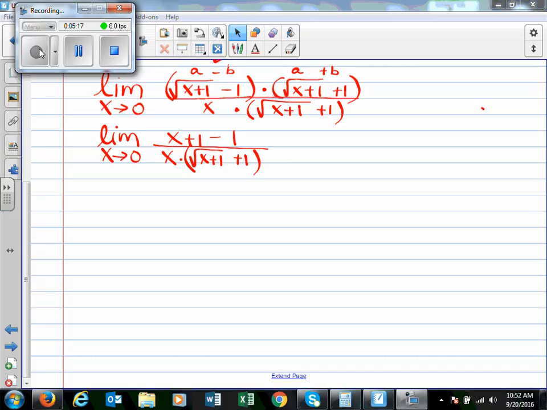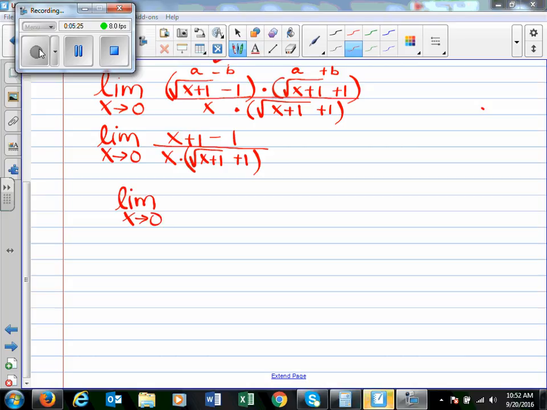So the next step is to simplify. Limit as x approaches 0. What happens to the numerator? It becomes x, exactly, divided by x times the square root of x plus 1 plus 1. Is this step clear to you?